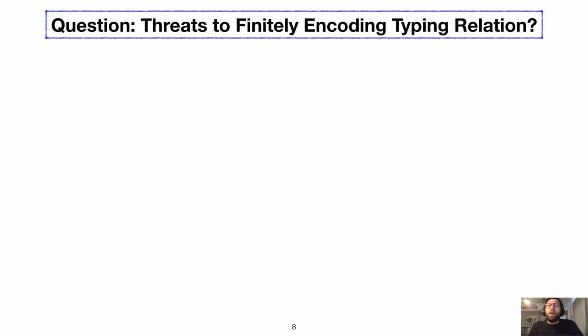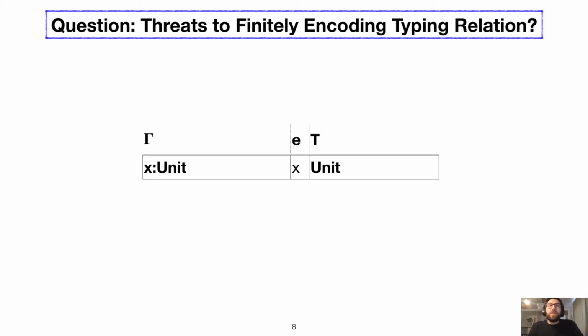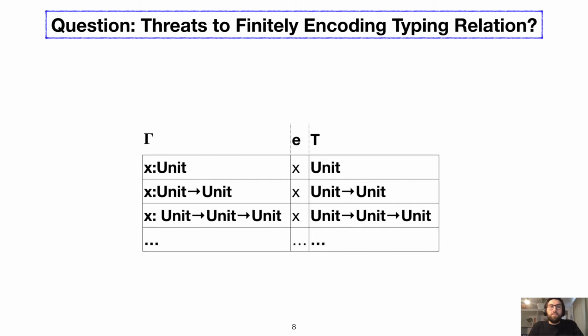Now let's see if contexts are a threat to finitely encoding the typing relation. As an example, we check what the typing of variable x is. So x has different types associated based on the context it is considered in. And in an algorithmic type system, there is a functional dependency where the expression and the context determine the type.